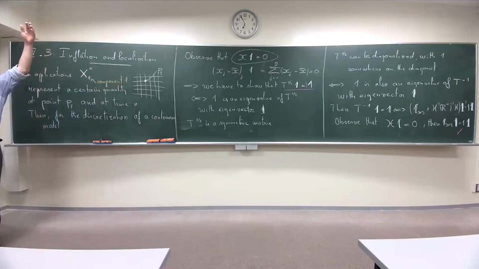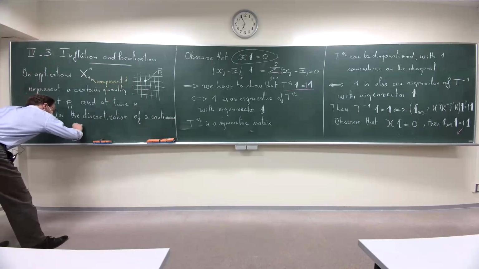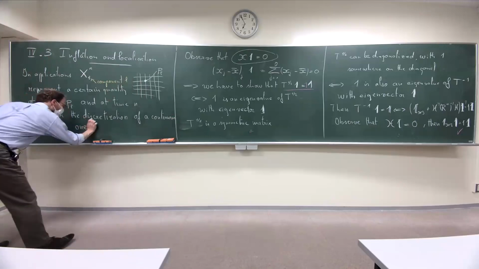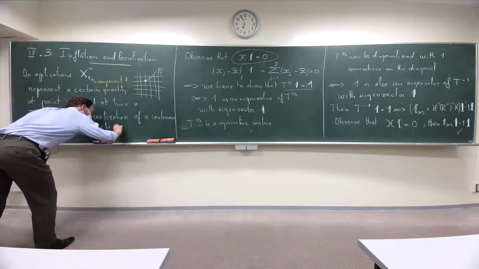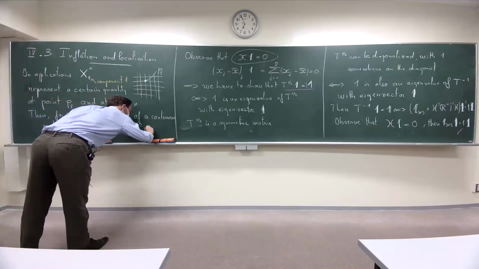So it means a capital N is really a huge number. So for discretization of a continuous model, one gets 10^6 up to 10^10 points.